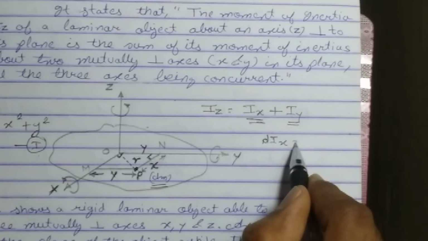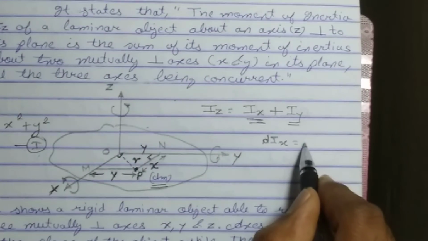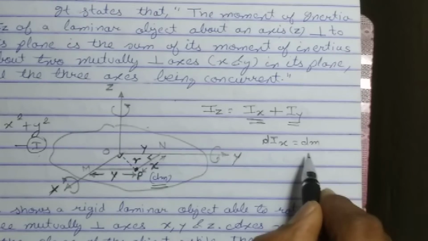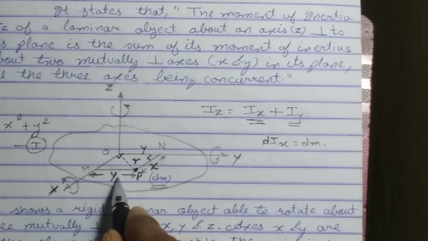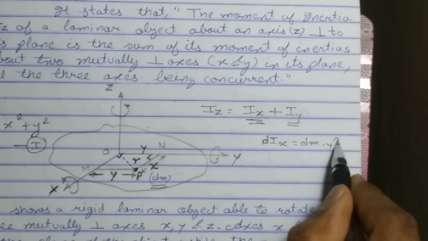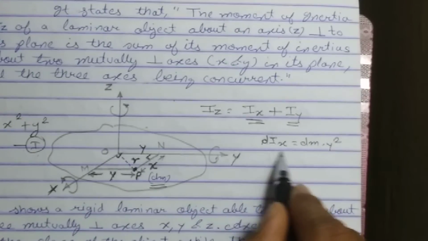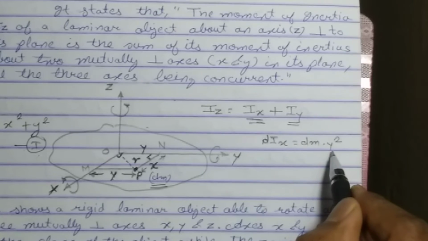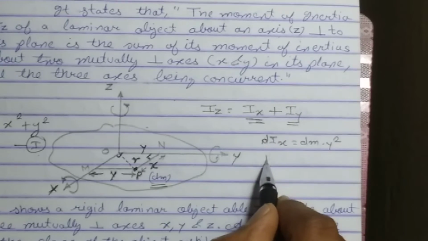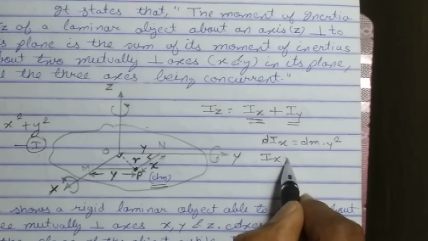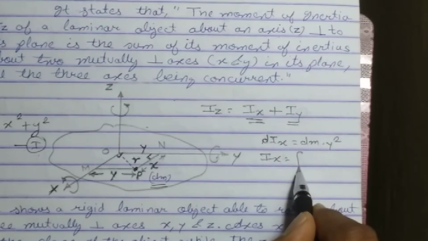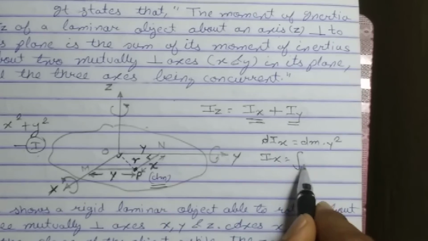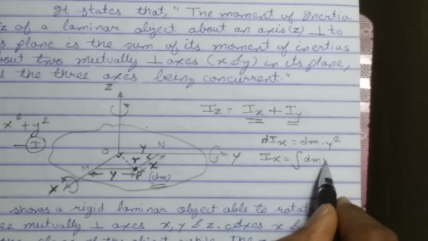What is the formula for moment of inertia? Mass into distance square. What is the mass here, students? dm. And what is the distance of this point P from the x-axis? y. So y square. So dIx equals dm y square. Students, I want to find the moment of inertia of the body about the x-axis. So what will I do for that? I will take the integration of dm y square.